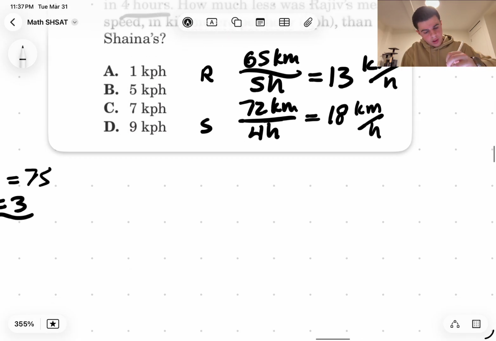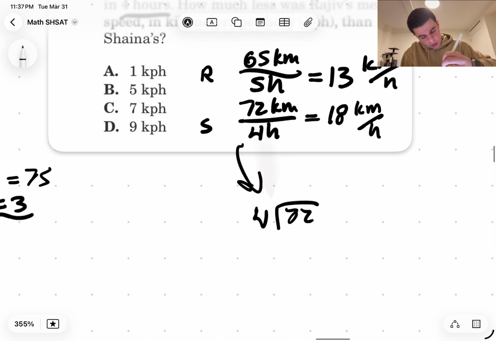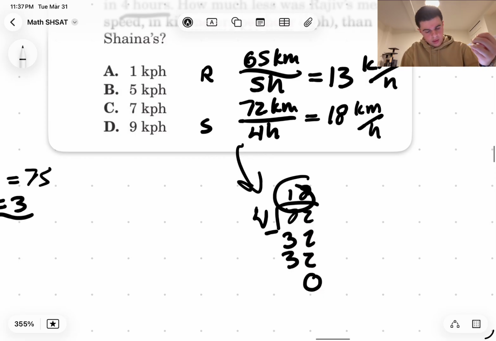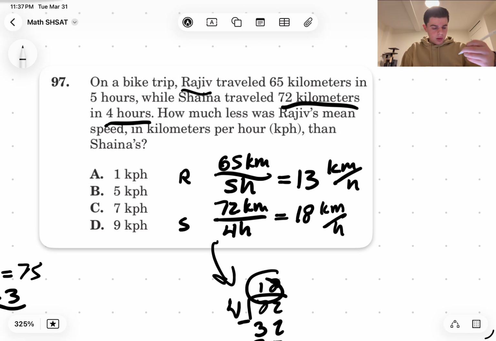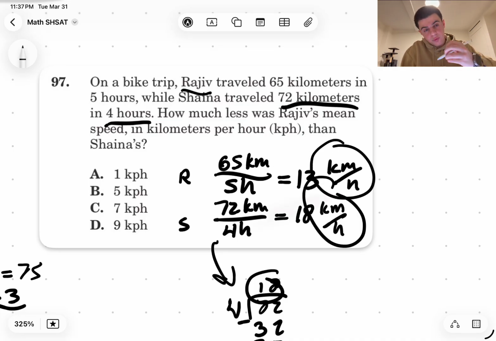And just to show it to you guys, if you want to do your long division, 72 divided by 4, 1, 3, 32, 8, 32, 0. So we get 18. So now that we know Rajiv's mean speed and Shayna's mean speed, they're asking us how much less was Rajiv's mean speed than Shayna's. So we can just subtract them. And because we have the same units for both of them, we can directly simplify this.